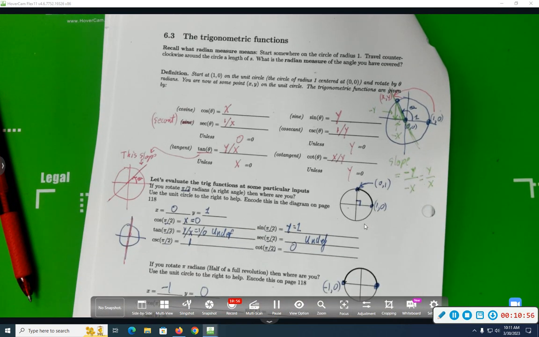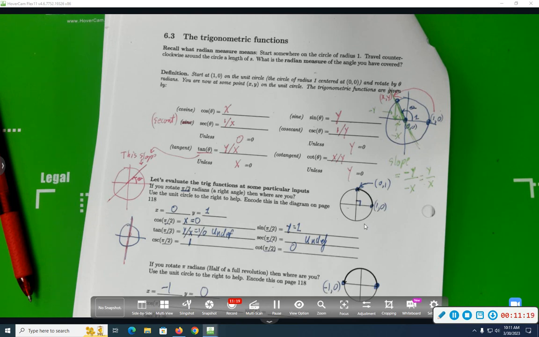And now I'll fill this in. So cosine will be the x-coordinate, sine the y-coordinate, tangent is y over x, secant is 1 over x, cosecant is 1 over y, cotangent is x over y.